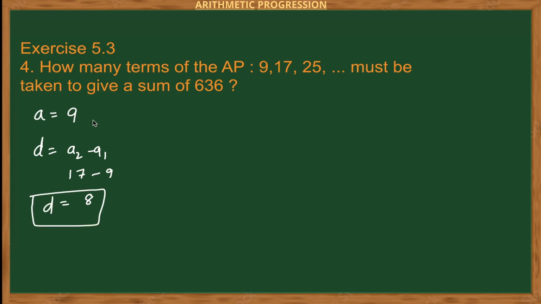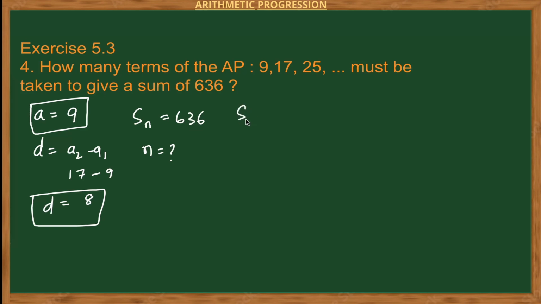So we have the value of A. The sum is given as Sn of 636, and we don't know the n, so we need to find the n whose sum will be this one. So we can utilize the formula of finding the sum of the nth term.